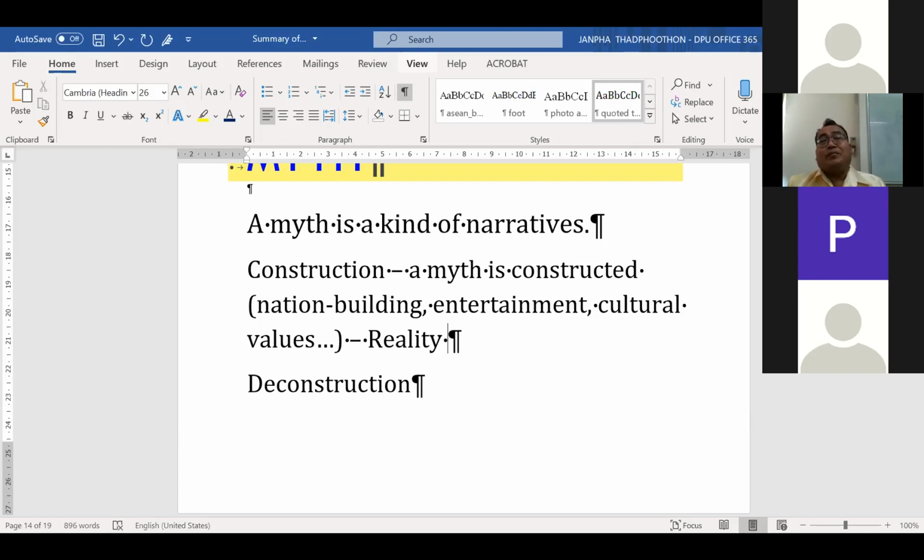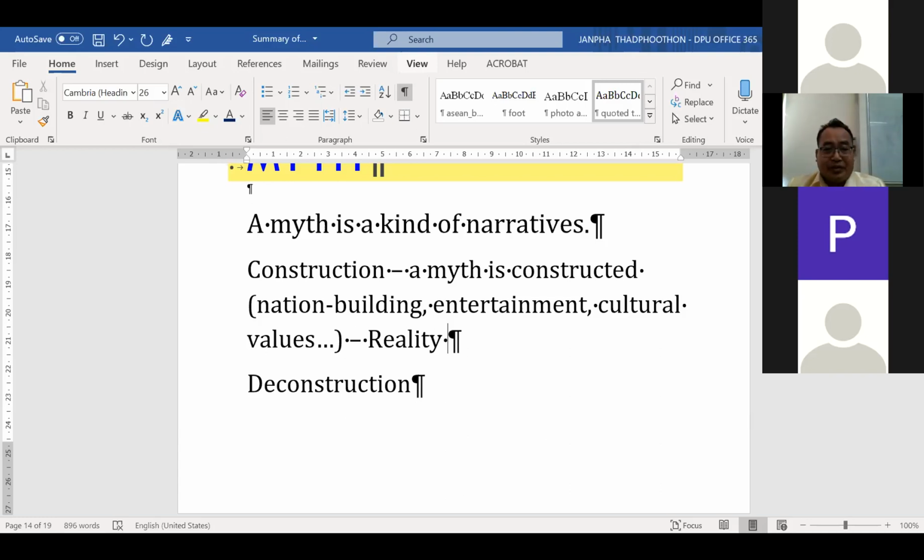And where does it come from? It comes from myths, the stories that you have read, you have been told, the books that you read, the narratives from television. A television show is a narrative. Artworks.